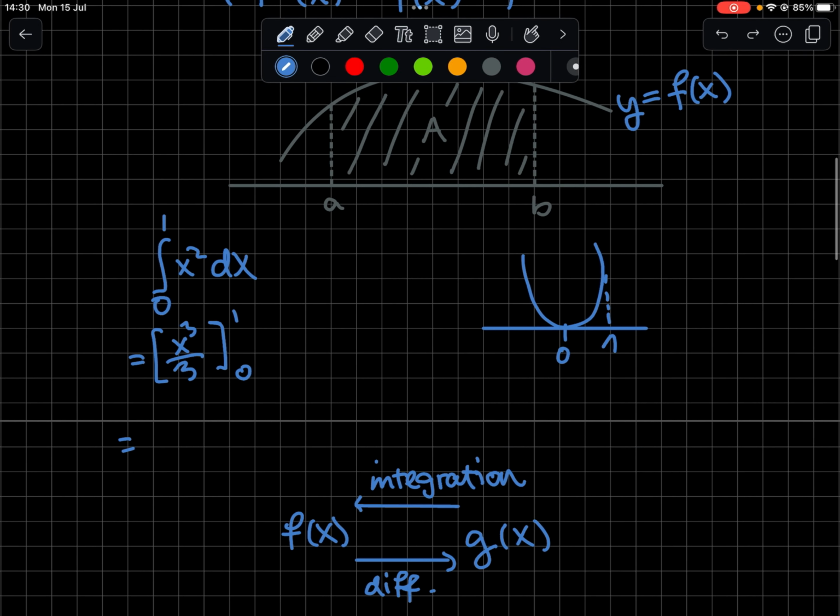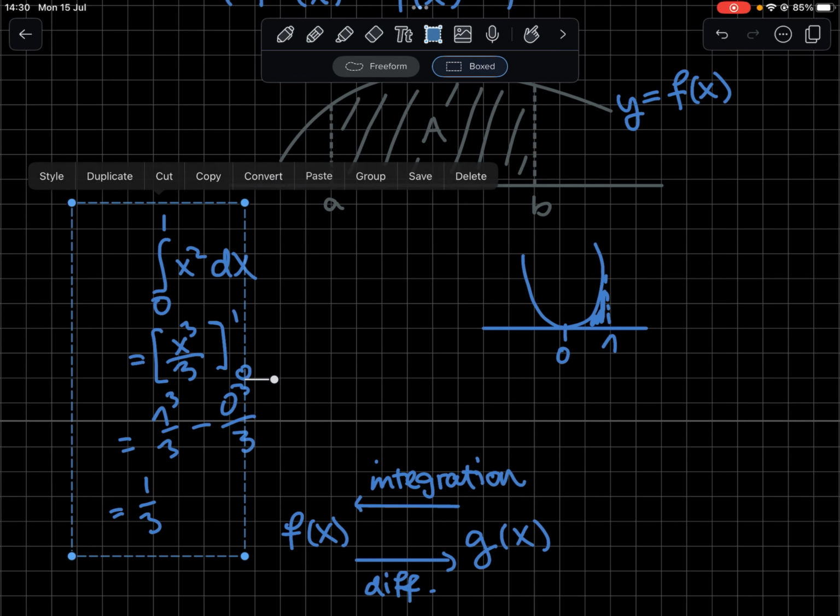So we have x cubed over 3 at 1 will just be 1 cubed over 3 minus 0 cubed over 3. And this is just 1/3. So 1/3 is this area here, under x squared from 0 to 1. That's how this works. Okay.